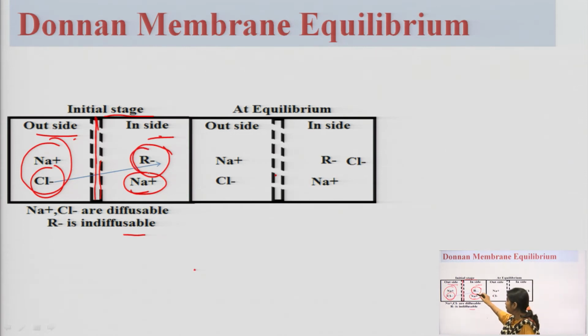This anion cannot diffuse, but the Cl minus can diffuse through this, and here we have R minus, Cl minus and Na plus.